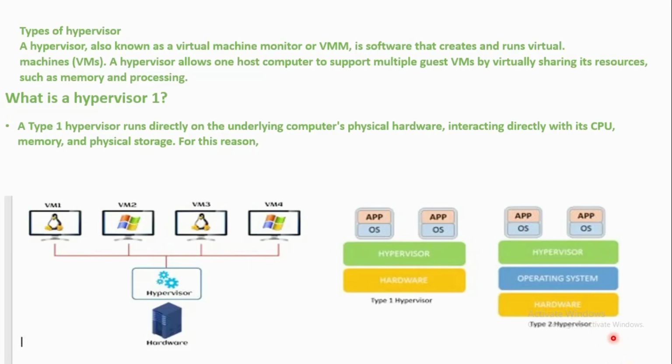This is the type 2 hypervisor that we are going to use. Type 2 hypervisor is not like the type 1 hypervisor. It doesn't run directly on top of hardware. First you have hardware, then you have an operating system, then you can run type 2 hypervisor.